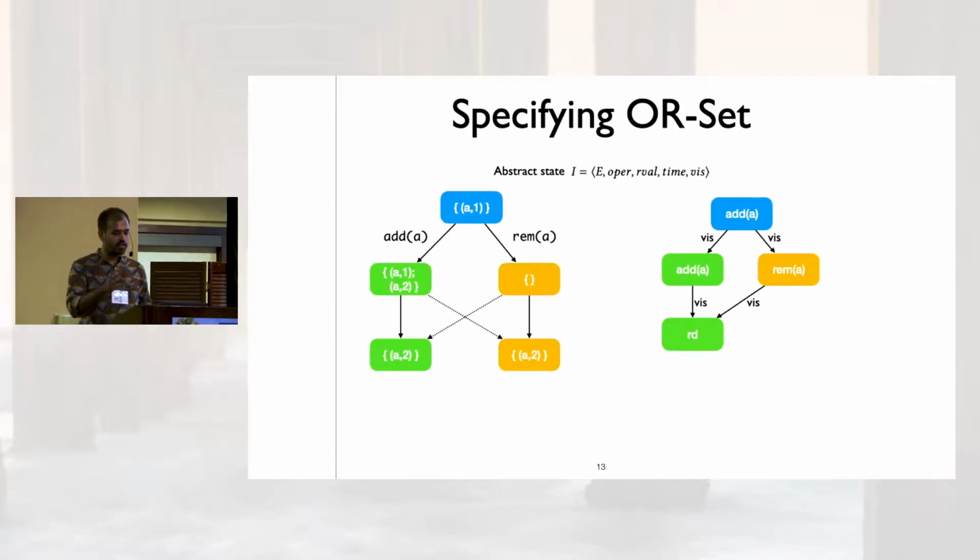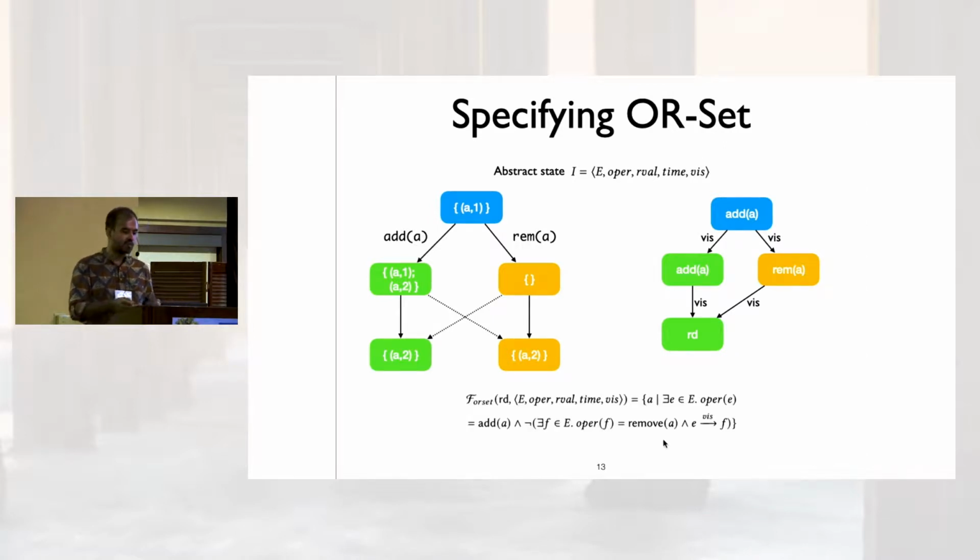For example, on the right, you have an abstract state, which corresponds to the concrete execution that we saw in the previous slide. So you have these events, you have operations add and remove, and you have a visibility relation between the events. And the question that the specification has to answer is, given this abstract state, if I do a read here, what value should I see?